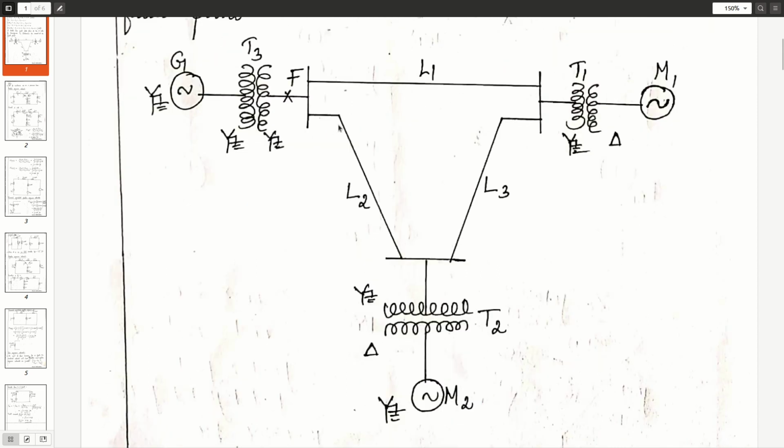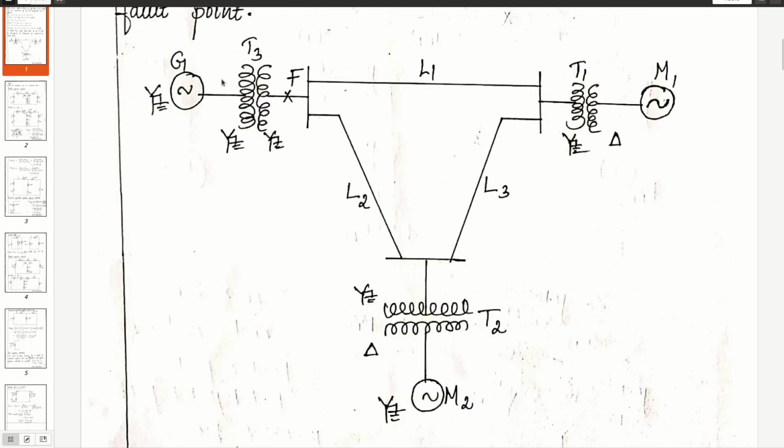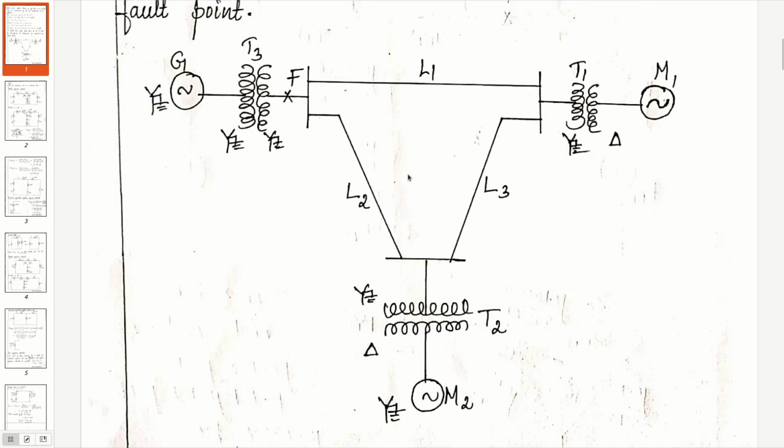So this is the given power system network. We have one generator, we have two motors, three transmission lines L1, L2, L3 and three transformers T1, T2 and T3.